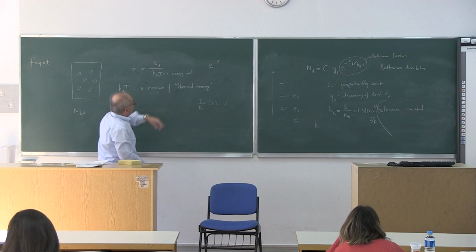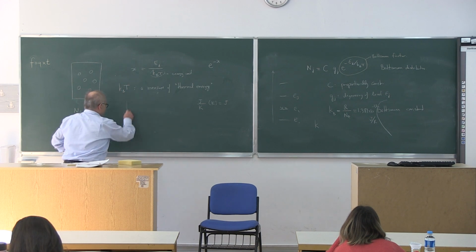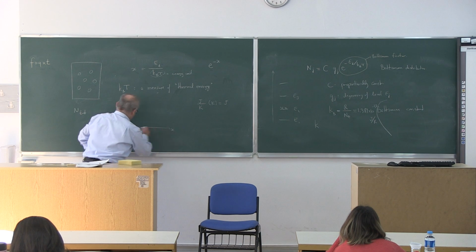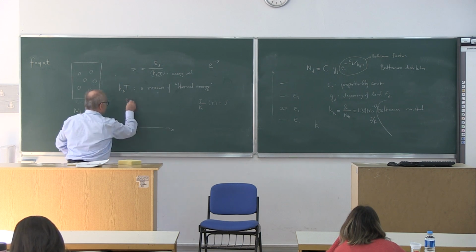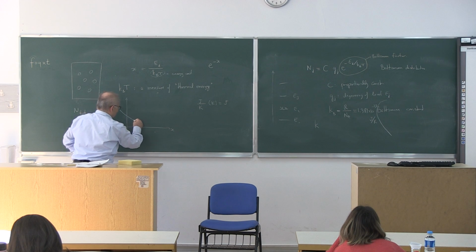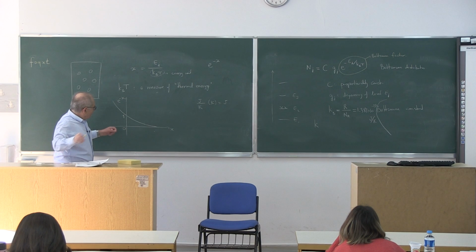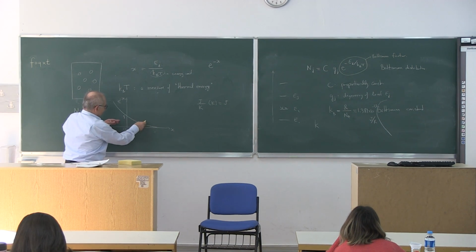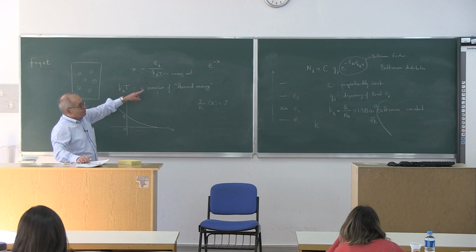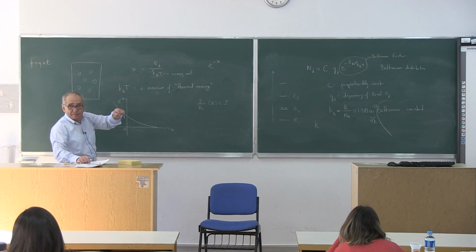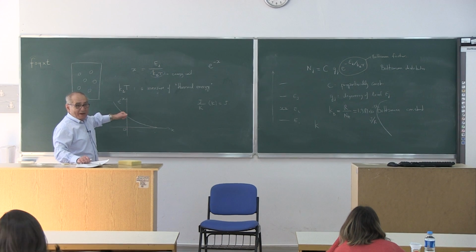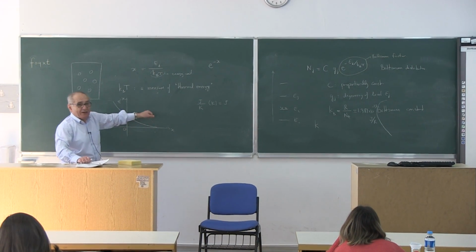Now, what is the graph of e to the minus x? We are looking at this part. The exponential function e to the minus x very rapidly goes to 0 as x becomes large.